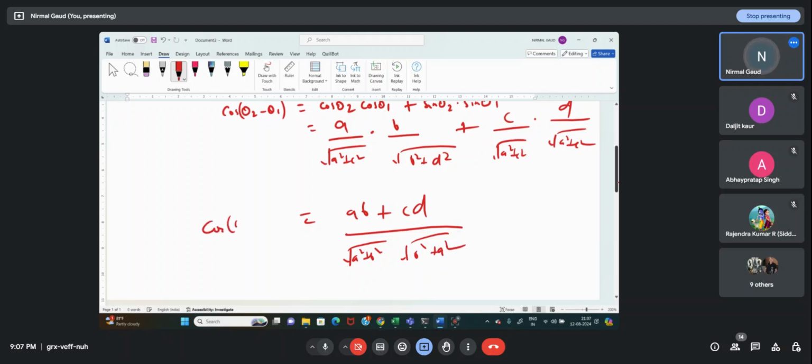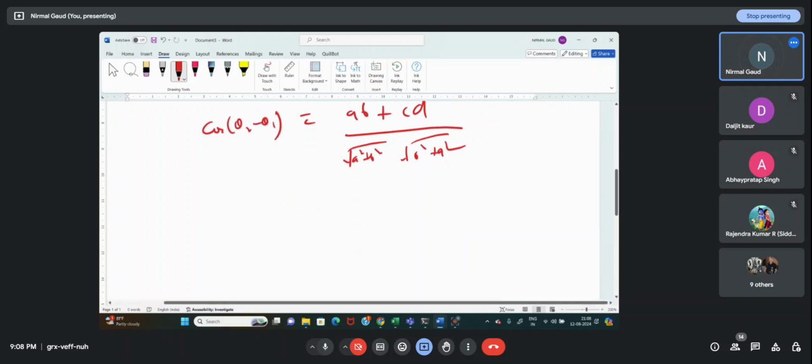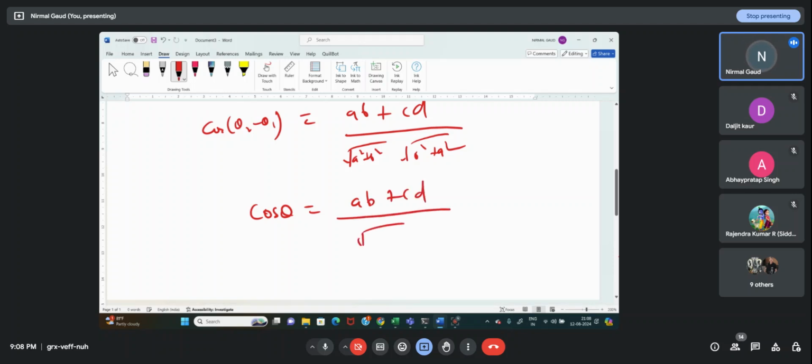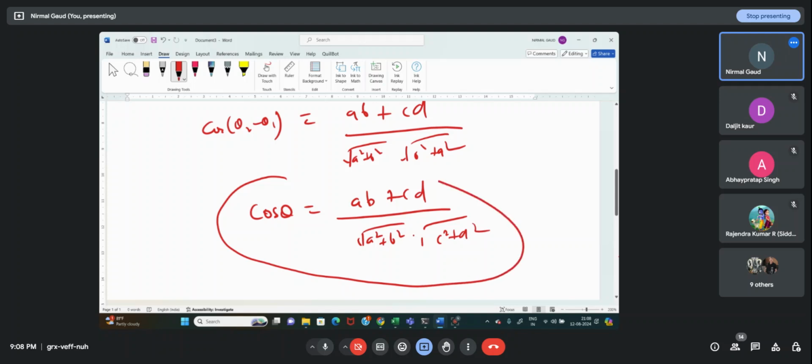This is cos of theta 2 minus theta 1. That will be your cos theta.